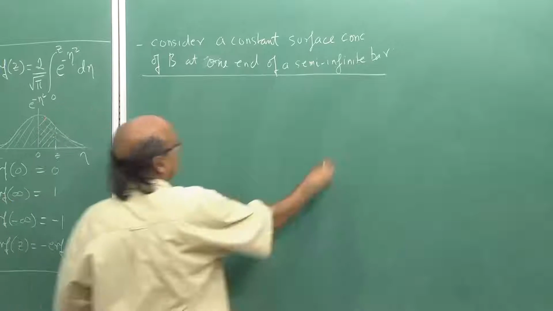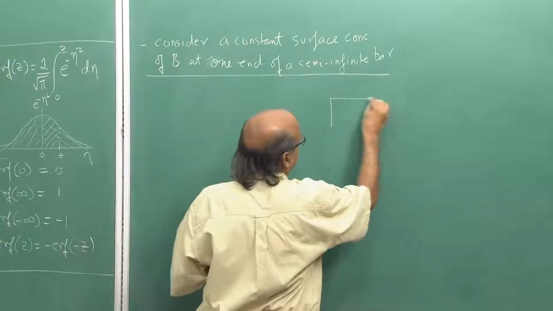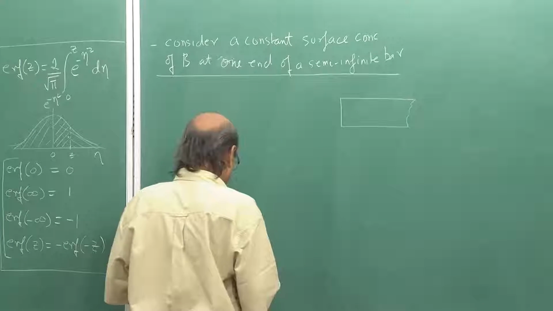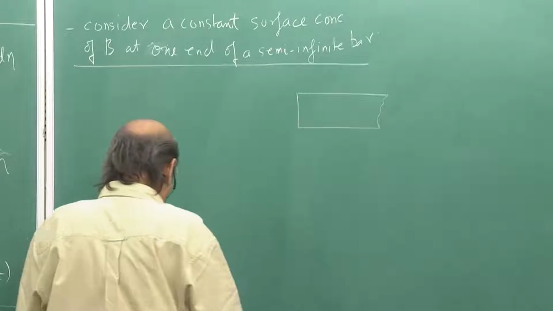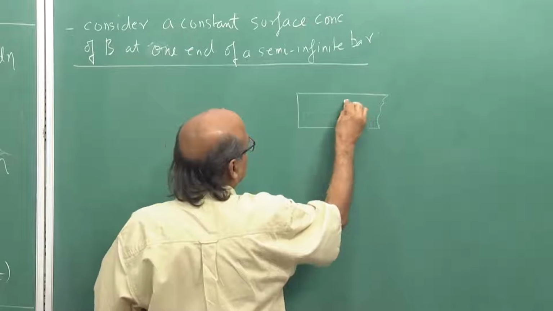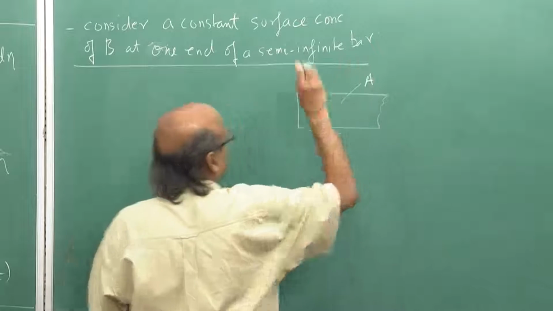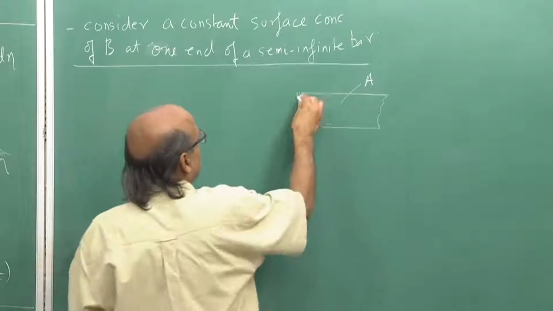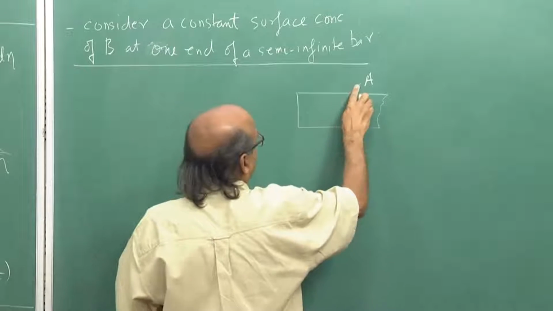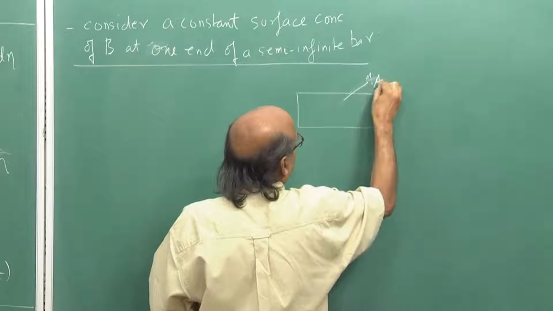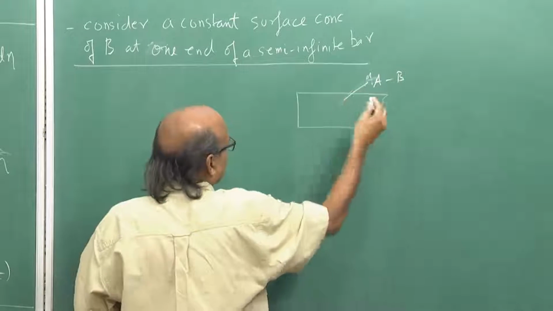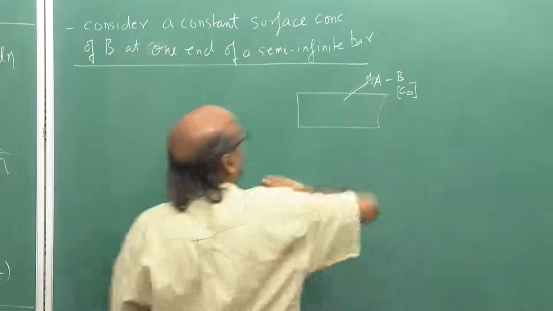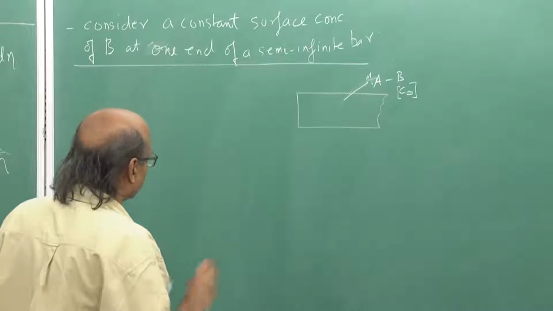So, the situation is I have a semi-infinite bar where I am keeping the concentration. This is, let us say, a bar of A atoms, or for that matter not just A, it is an alloy of AB with some concentration C0 to begin with, of C0 concentration of B atoms.